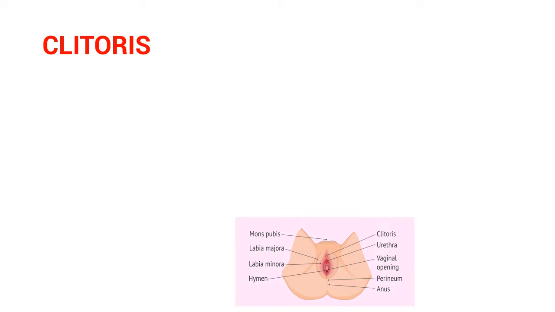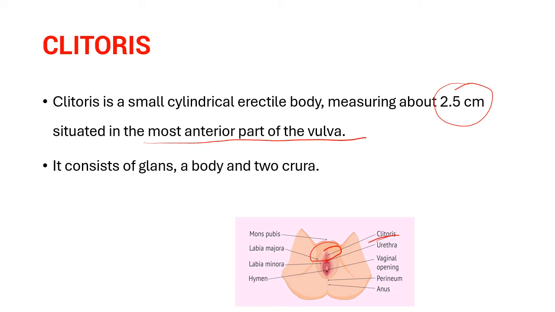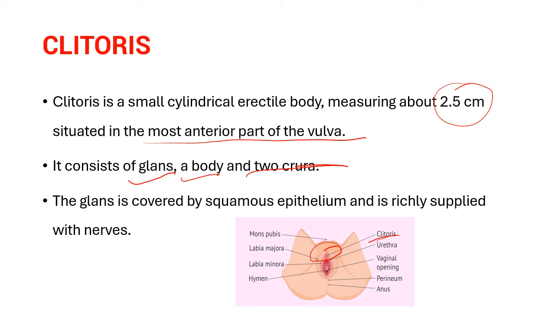Now next is clitoris. Here you can see clitoris. It is a small cylindrical erectile body measuring about 2.5 centimeters situated in the most anterior part of the vulva. It consists of glans, a body, and two crura. Glans is covered by squamous epithelium and richly supplied by nerves.